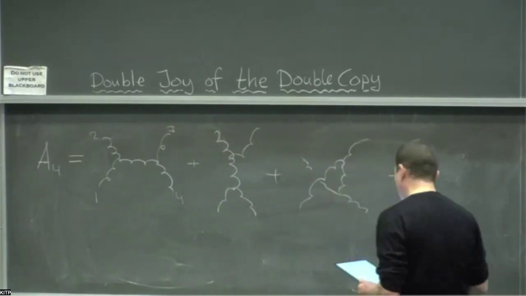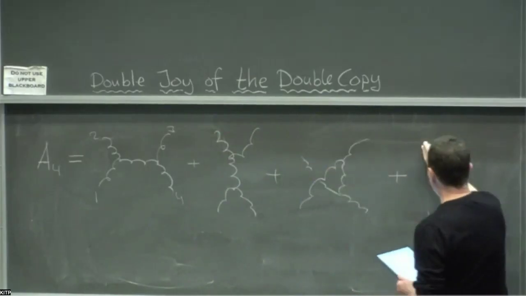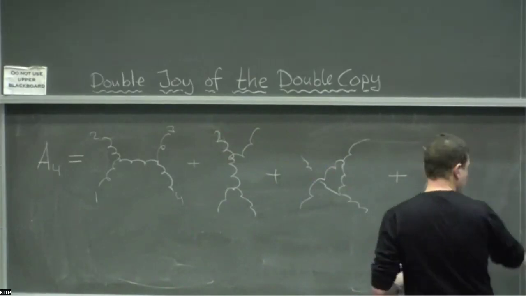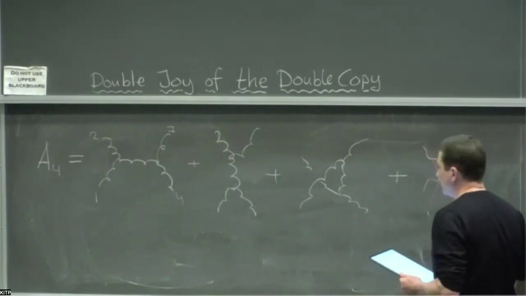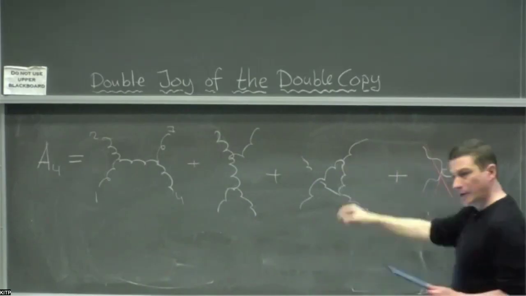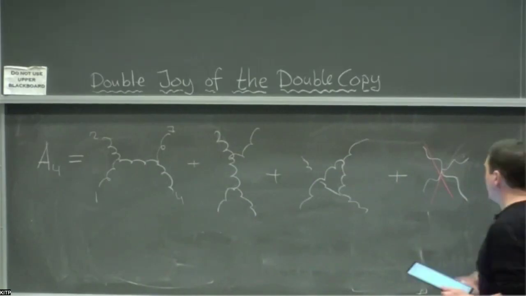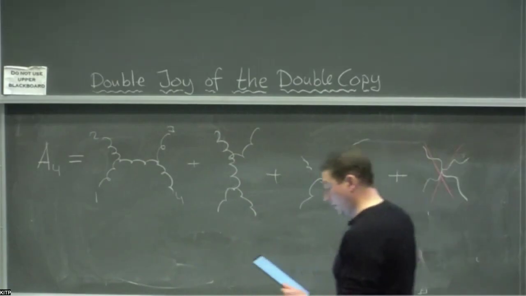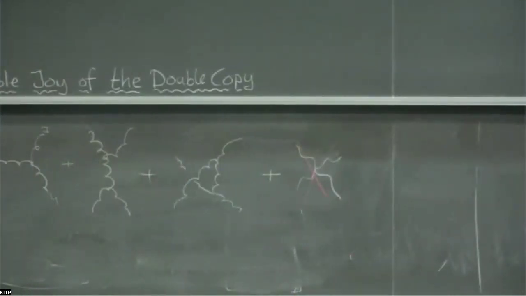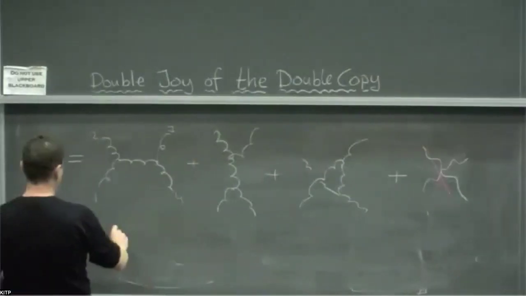Now, you could have more, which is, of course, a contact vertex. But what I'm going to do is ignore this. And I'm just going to absorb it into the other diagrams. Because even though it's missing a propagator, I can always restore a propagator and put an inverse propagator in the numerator. And then this becomes a function that has the following form.